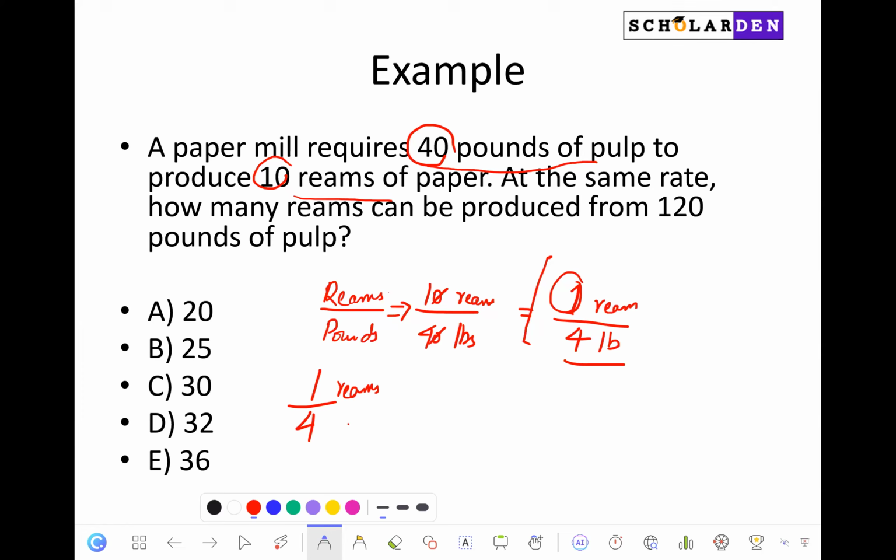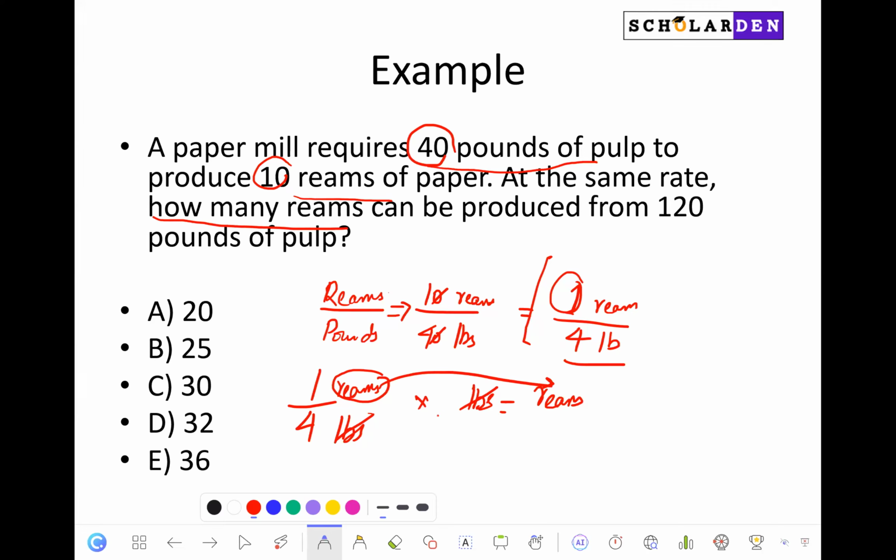Your answer is supposed to be in reams, right? Because you're supposed to answer the question, how many reams can be produced? So if I multiply this rate with the given weight, these units are going to get canceled out, and I'm going to be left with only these units, and my answer is going to be in these units.